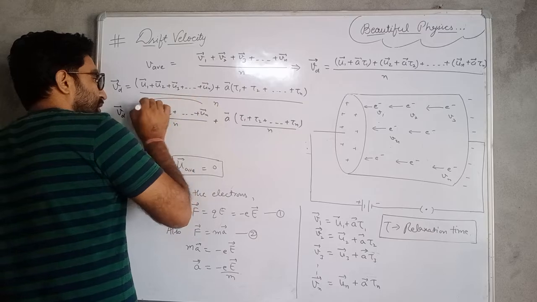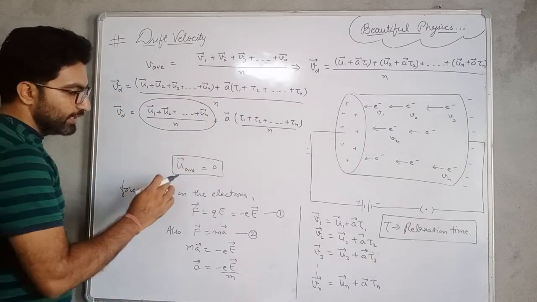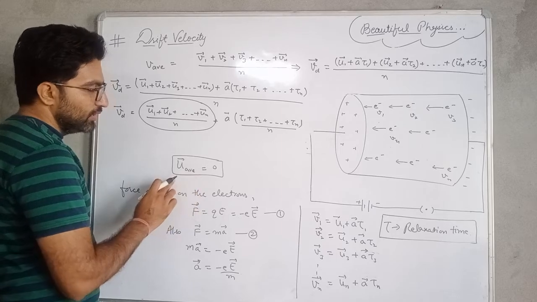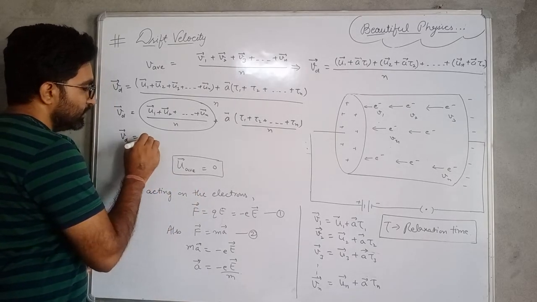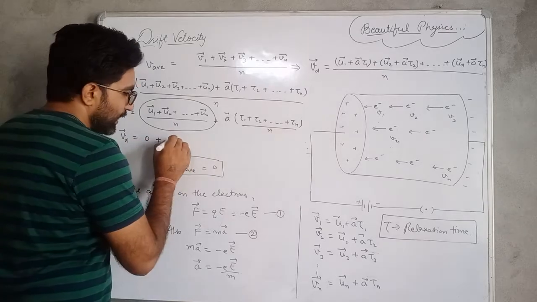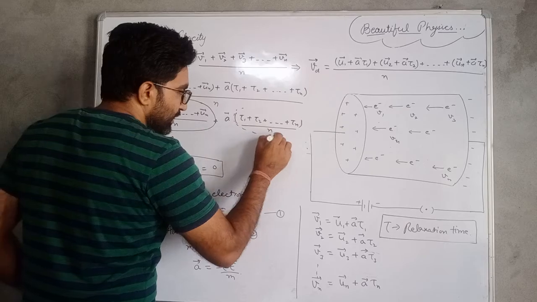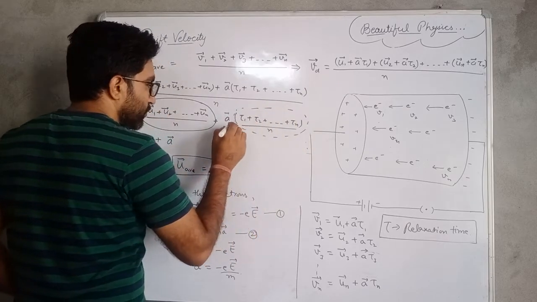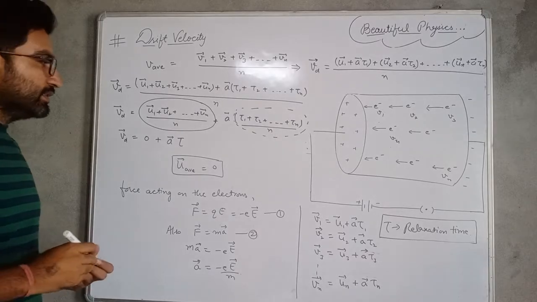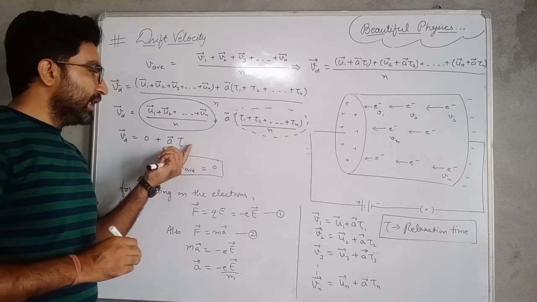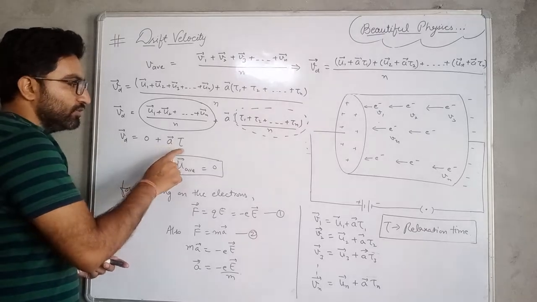The first term represents the average thermal velocity of the electrons, and the average thermal velocity of the electrons is 0. So Vd is equal to 0 plus acceleration times, let me represent this term by tau, the average relaxation time.